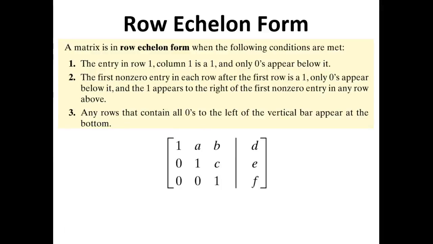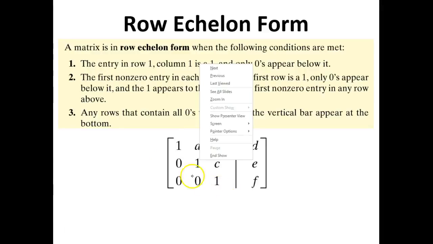Something called row echelon form is, when you look at this, down this diagonal, notice how there are 1s. Over here in this triangle portion we have 0s, and it doesn't really matter what numbers we have in the other part. So this right here is row echelon form, having 1s down the diagonal and 0s in this triangle.